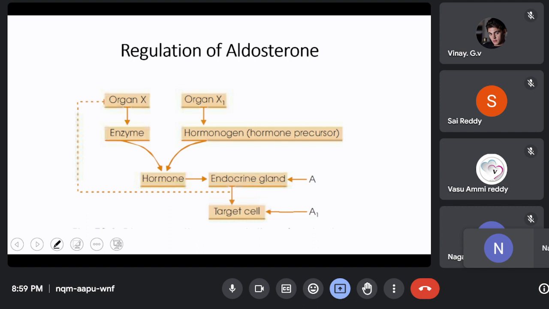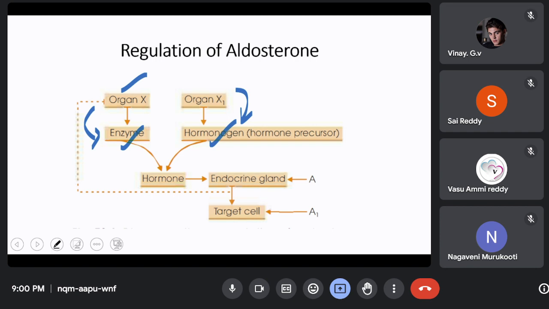Okay, and one more example, which is a deviation from the normal mechanism, is regulation of aldosterone. Here there is one organ which secretes an enzyme. There is another organ which secretes a precursor of the aldosterone. That is, we call it hormonogen. And this enzyme cleaves the hormonogen so that hormone is secreted.